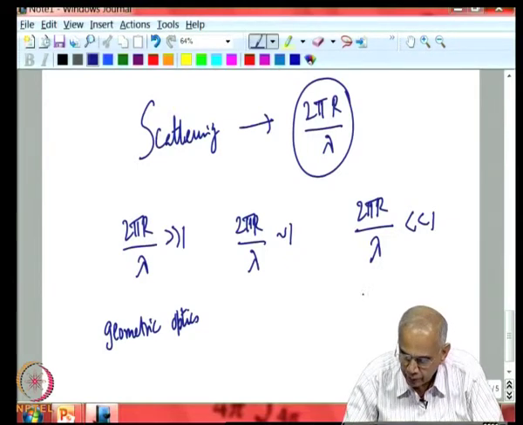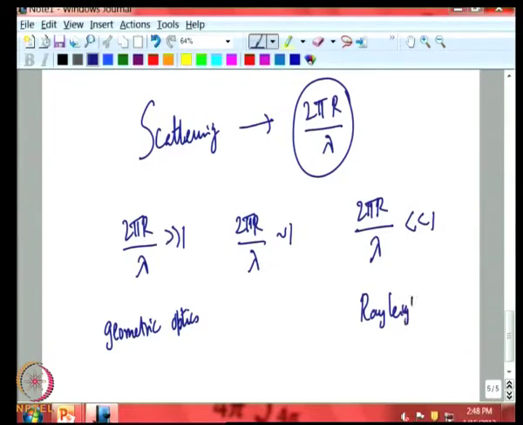If this is very small, you have a limit known as Rayleigh scattering, and as you can imagine, if you are dealing with molecules of the size 10 to the power of minus 4 micron, and let us say you are dealing with visible light, let us say 0.5 micron, you can easily see that the quantity 2 pi r by lambda will be much less than 1, and hence Rayleigh scattering is the right approximation to make when sunlight is scattered by gas molecules.